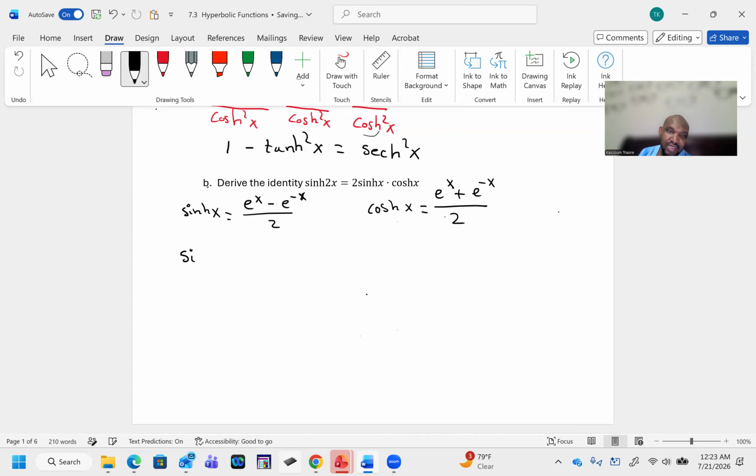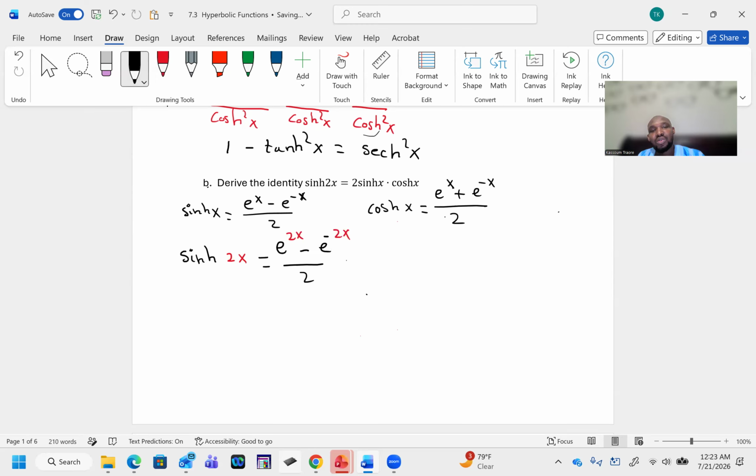So based on this, hyperbolic sine of 2x will just be what? We are going to replace anywhere we see x by 2x, right? So we'll have e to the power of 2x minus e to the power of negative 2x, everything divided by 2.